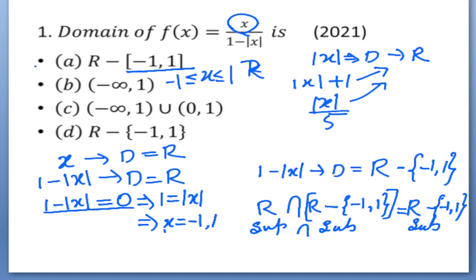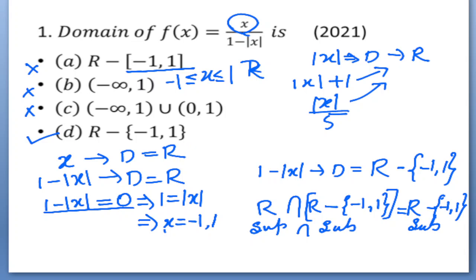So option A is not our answer. Option B obviously not, because here we have open interval minus infinity to 1. Here in option C we have open interval minus infinity to 1 union open interval 0 comma 1. Now we have here set of all real numbers excluding only 2 points, so option C is also not possible. So option D is our solution, friends.